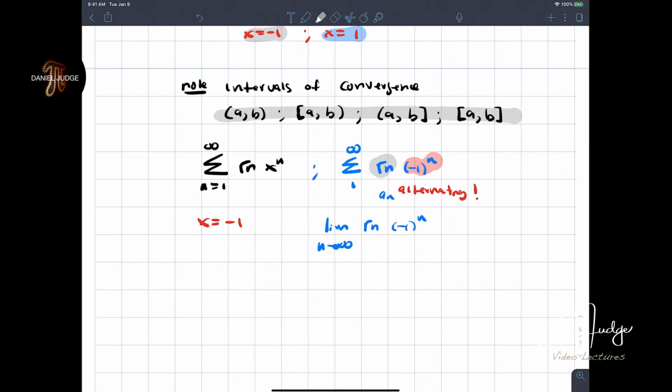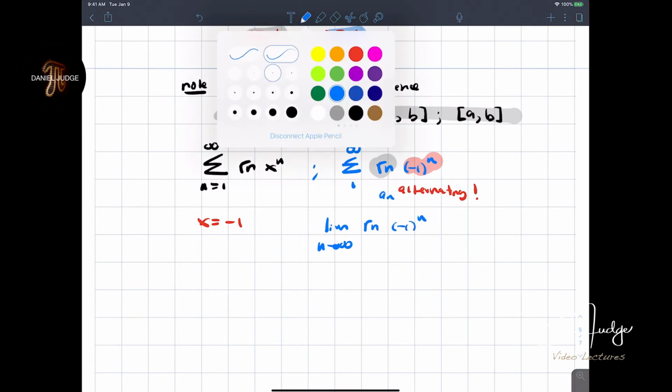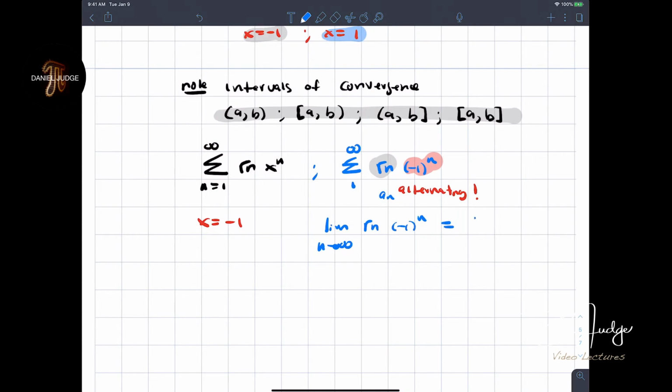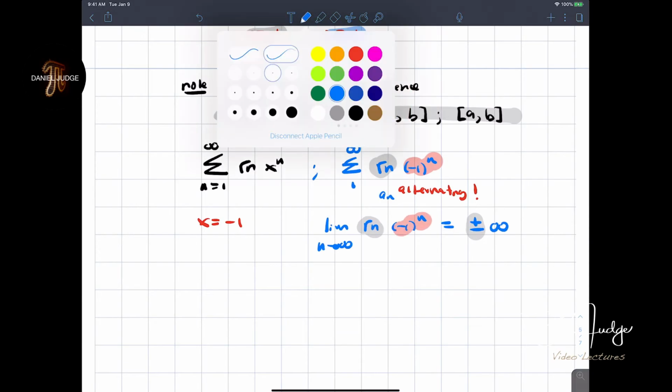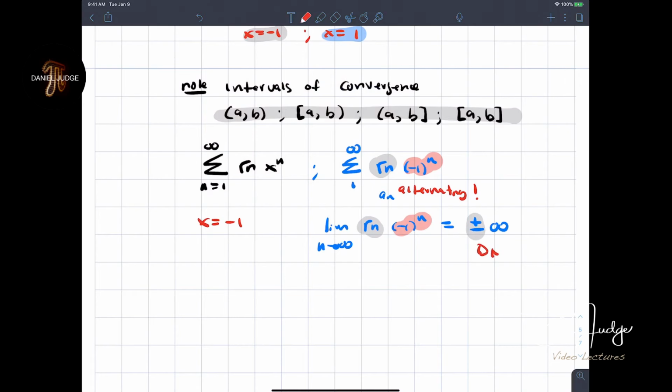If it's increasing, well, as n gets big, this is going to go to plus or minus infinity because it's increasing, this radical. And you might say, well, why is it plus or minus? Because of the alternating mechanism. And if it goes to two places, the limit does not exist.